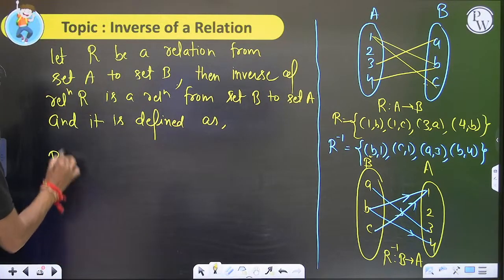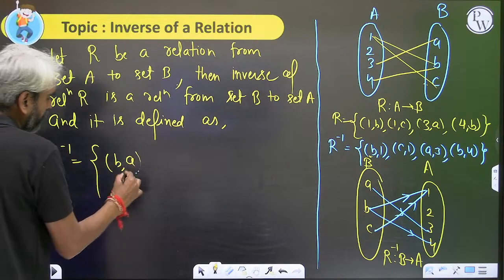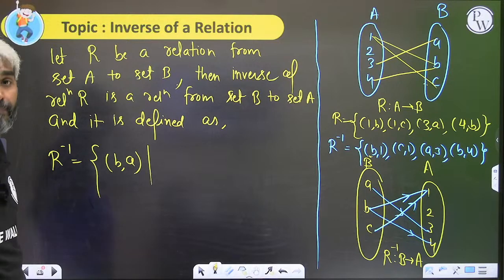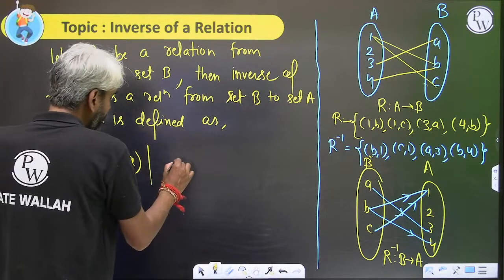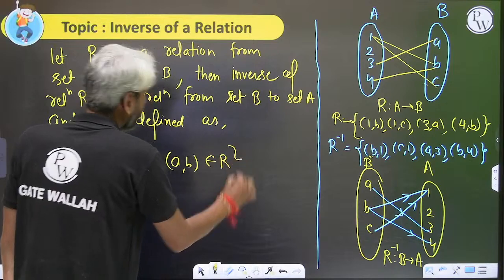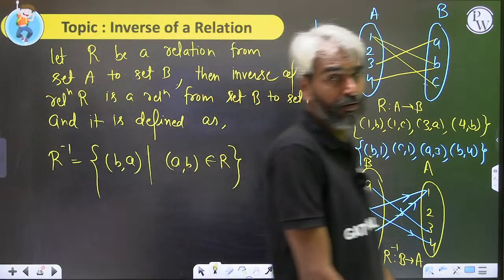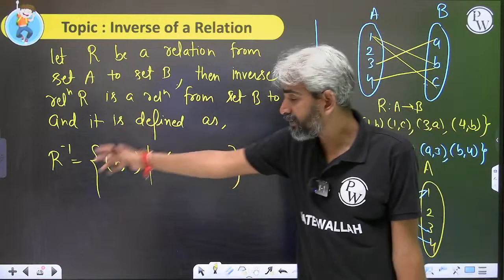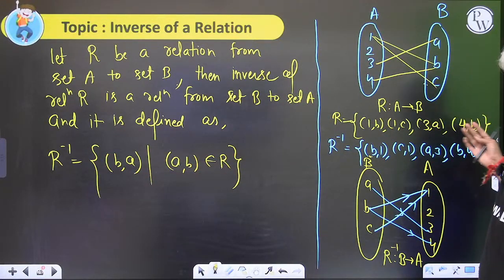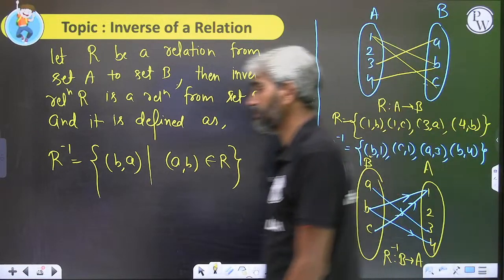R inverse will be a set that contains all the ordered pairs of type (B, A) such that the ordered pair (A, B) belongs to relation R. So if any ordered pair (A, B) belongs to relation R, then its inverted ordered pair (B, A) will be present in relation R inverse. All the ordered pairs present in relation R will be inverted and will be present in the inverse of relation R.